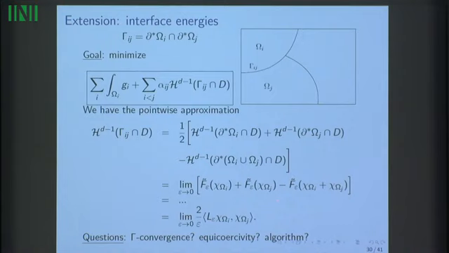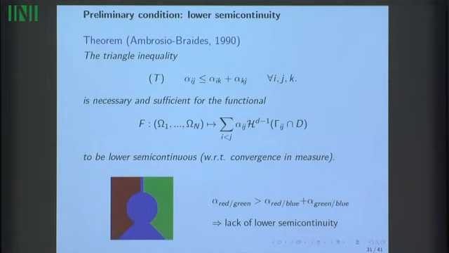But what about the gamma convergence? We have some trouble because we have a minus. Gamma convergence already has some problem with addition, but with a minus sign it is much worse. So the first thing is, in order to have gamma convergence, you need to have some semi-continuity. This is a necessary condition. It's known that the coefficients, which are in some contexts called surface tensions, must satisfy a triangle inequality, which says that if you have two phases here, you have no interest to put something in between.